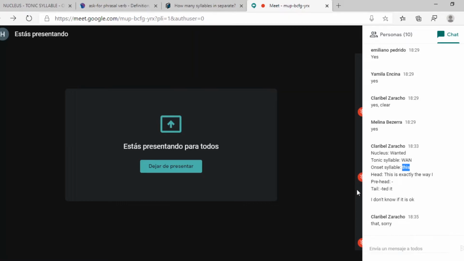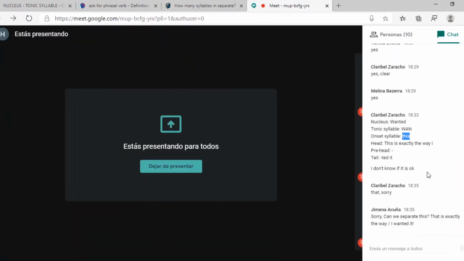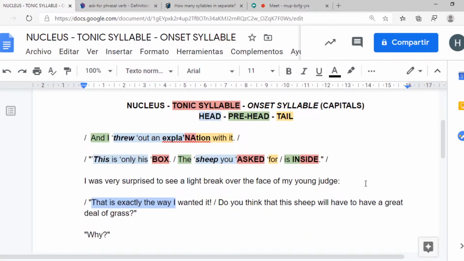That, okay, that. Head, from that up to one, excellent. And prehead, you don't have prehead, and tail, it, excellent. Okay.